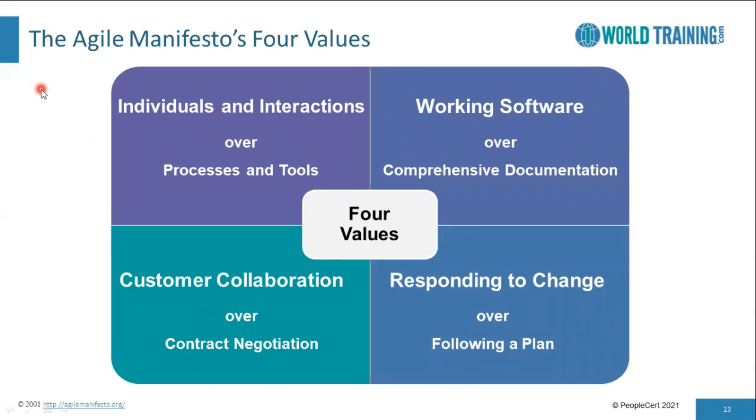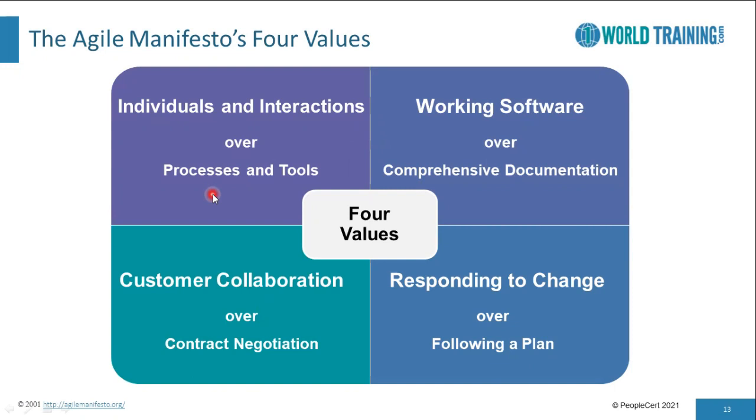The manifesto included 4 value statements and supporting principles, as we see in these 4 quadrants in this picture. You may be able to view the manifesto and other historical information at agilemanifesto.org, which we will take a look at in a while.